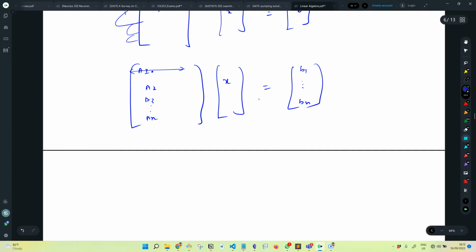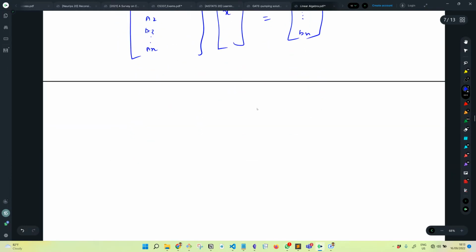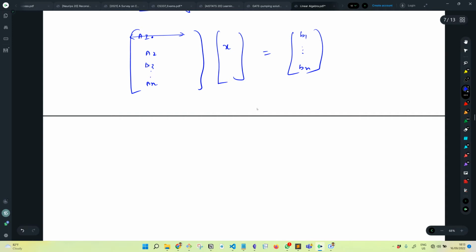Now what this is saying is you can permute the rows of the matrix, but mind you that when you permute rows of matrix A, you should also permute rows of b, but you should not permute rows of x. Can somebody guess already why we should not permute rows of x?